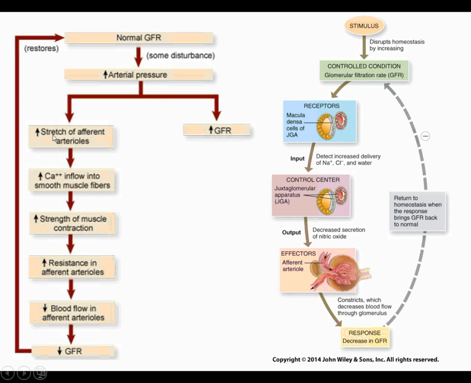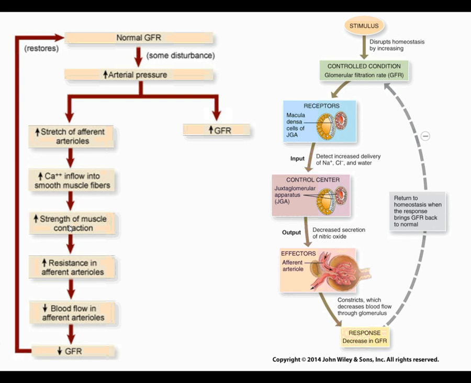So we detect that increased arterial pressure because there are stretch-sensitive receptors in those afferent arterioles, resulting in calcium inflow into smooth muscle fibers. We know how important calcium is for muscle contraction. More calcium means a stronger contraction. Stronger contraction causes vasoconstriction.